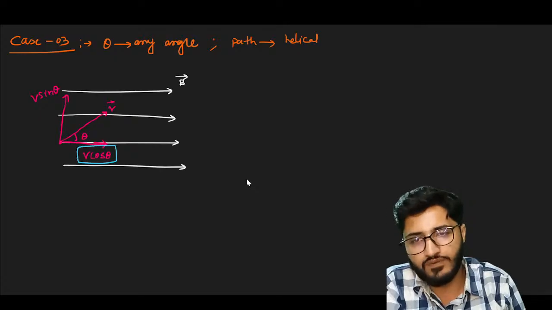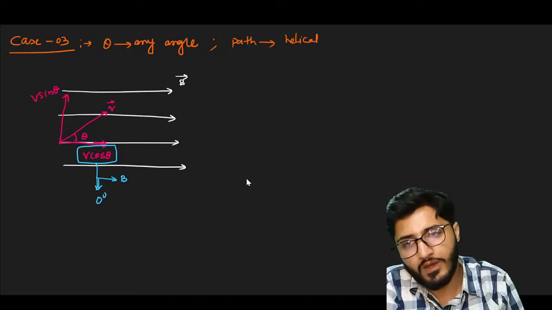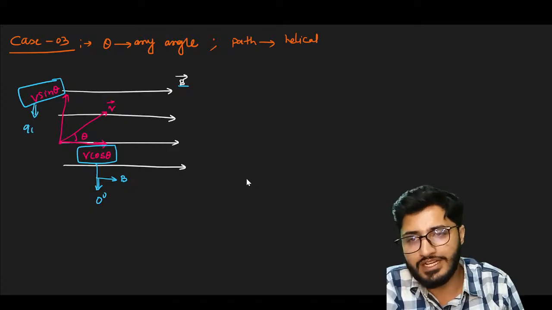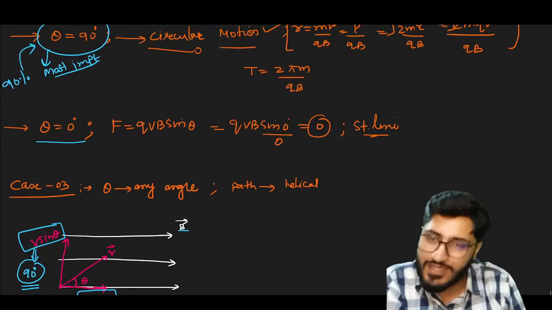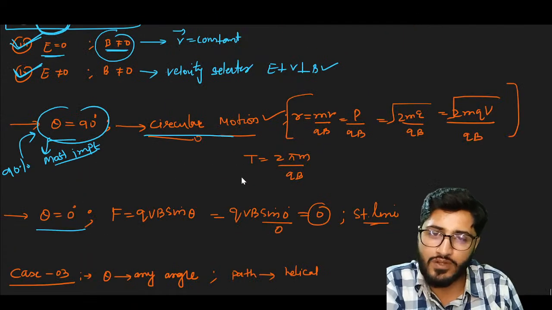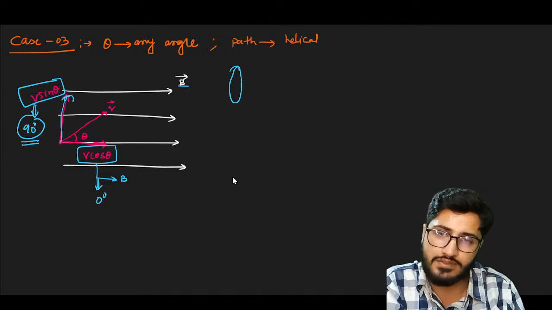This is B. Do you know the angle between V cos theta and B? It is 0 degrees. What is the angle between V sin theta and B? 90 degrees. If 90 degrees, circular motion, that simply indicates this particular component of velocity will try to keep the particle in circular motion.